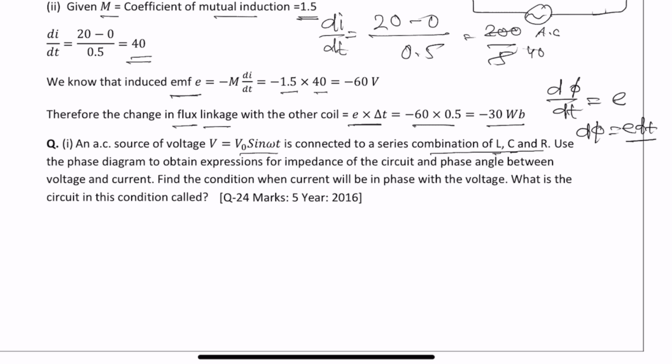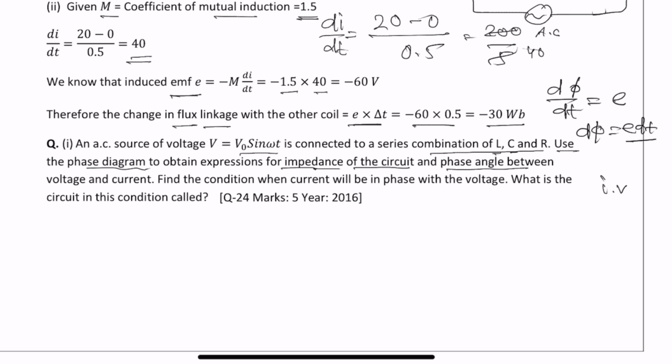Correct understanding is necessary. So use the phasor diagram to obtain the expression for impedance. What is impedance? Impedance is the resistance offered by the circuit. Total resistance offered is called impedance, and the phase angle between them. Because in a DC circuit, current and voltage go side by side, there is no difference in phase between current and voltage.